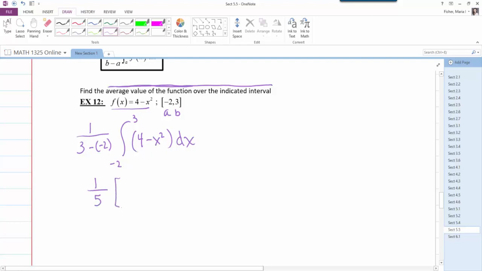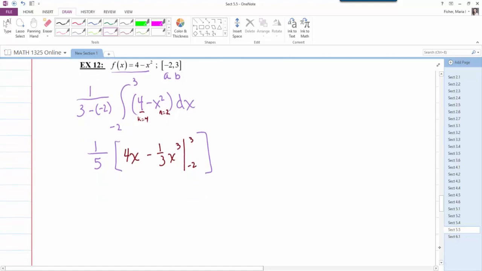And if I integrate this, well, the integral of 4, remember this is just k equal to 4, is going to be 4x. And here my n is equal to 2, so this is going to be minus 1/3 x cubed. And this gets evaluated from -2 to 3.